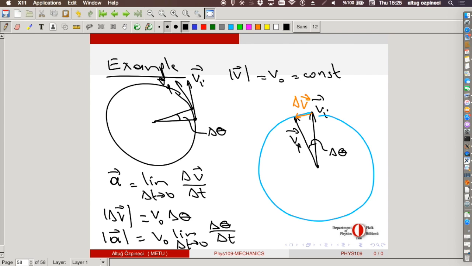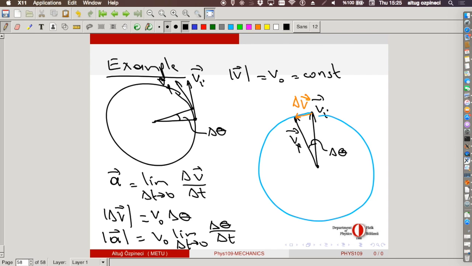Now we can do one more thing though. Look at this circle now, the actual circle. Delta theta is just this angle over here. Well, we know that that angle is nothing but the length of this arc divided by the radius of this circle.